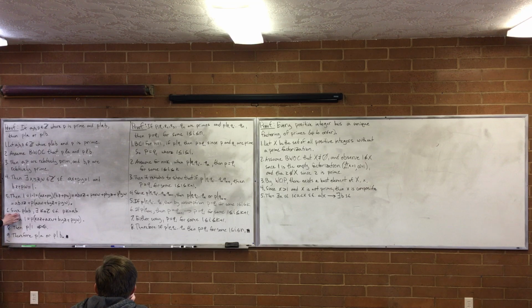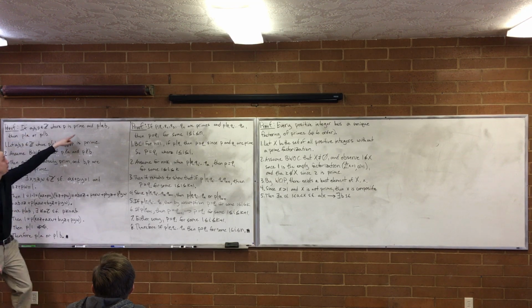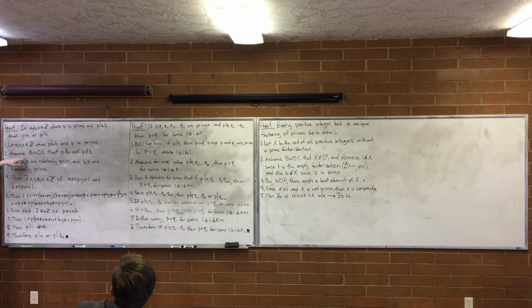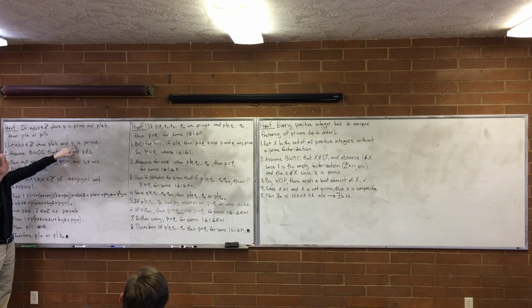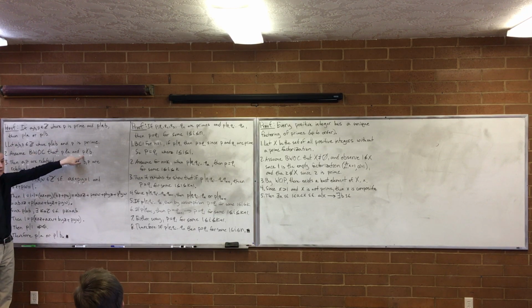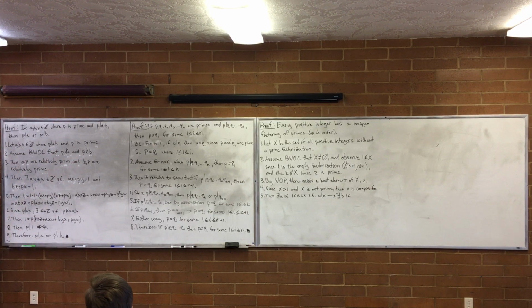Side note. Since p divides a times b, remember that was our given. P is a prime. P divides a times b, but p doesn't divide a and p doesn't divide b. But it does divide the product. So, since p divides a times b, there has to be some integer k such that pk equals ab.